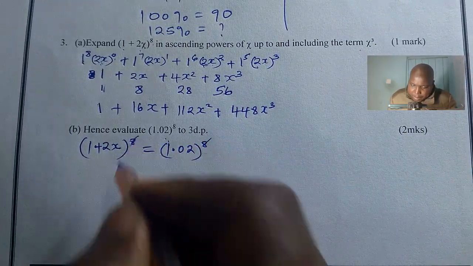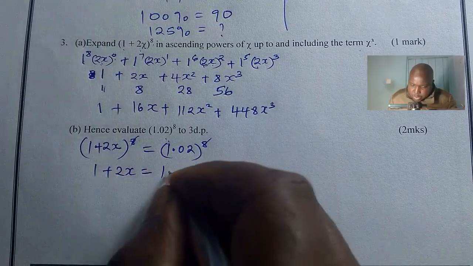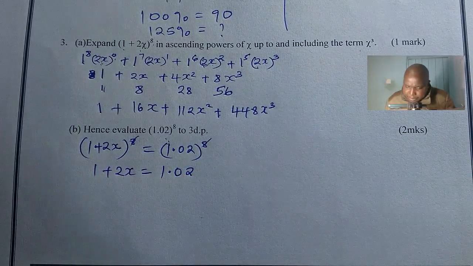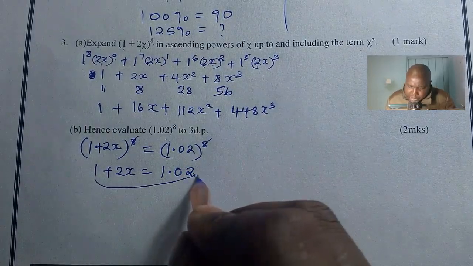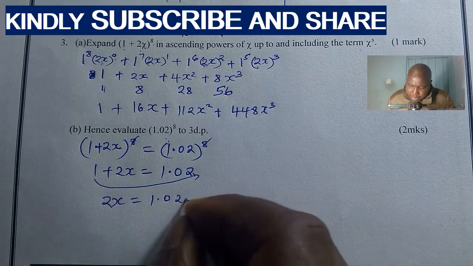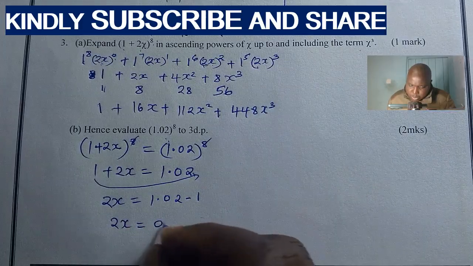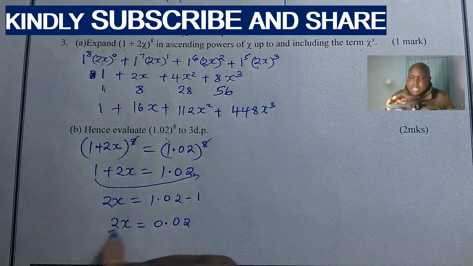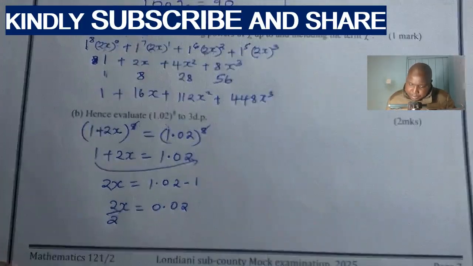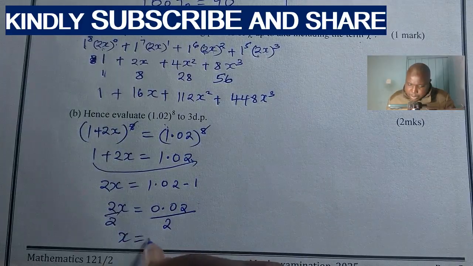Ignore the powers. 1 plus 2x is equal to 1.02. Like terms together. 2x is equal to 1.02 minus 1. 2x is equal to 0.02. Divide by 2 both sides. So x is equal to 0.01.